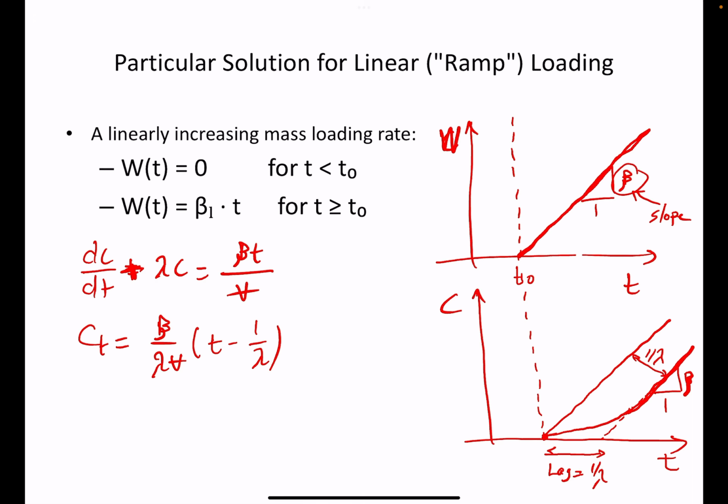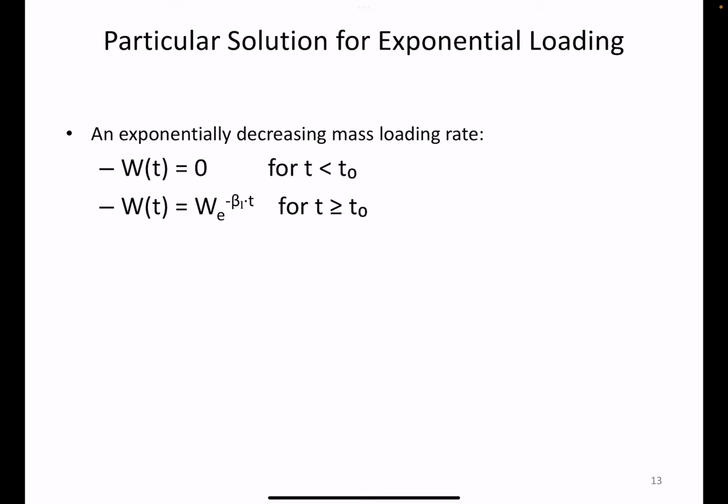Now let's go for the exponential loading. Exponential loading is a little bit weird. Okay, here we have to plot it like this. If you are plotting time versus loading, initially at t0 there was a spill, so it will increase, and then later on the spill will have an exponential degradation or exponential removal of that spill.